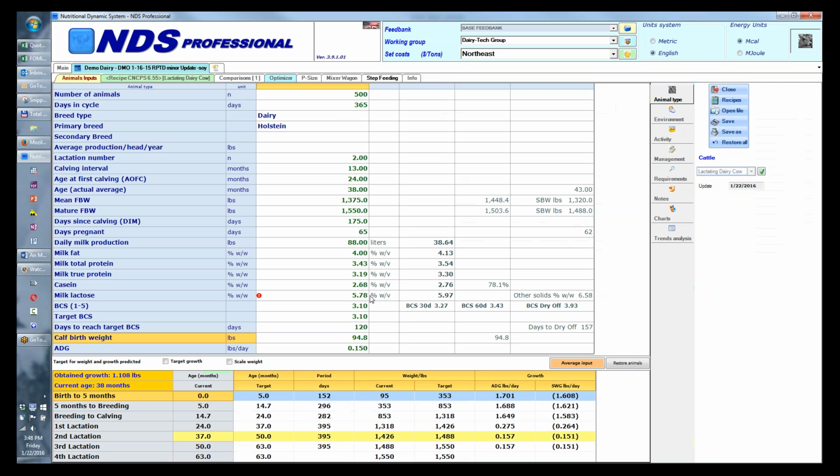But if I were to go in here and say this cow will lose some condition score, so let's imagine that she's going to end up at 2.5, and that's going to happen in the next 30 days because she's fresh, for instance. I'm not going to change all the rest because it won't make that much difference.